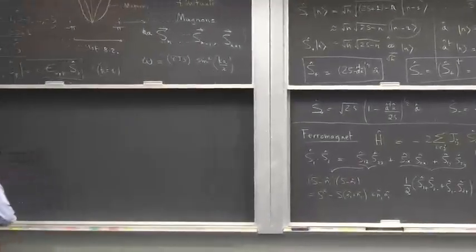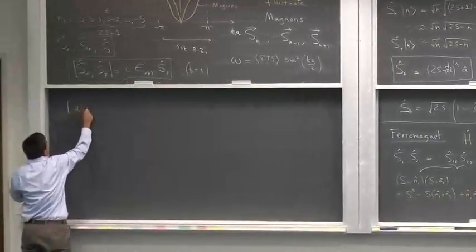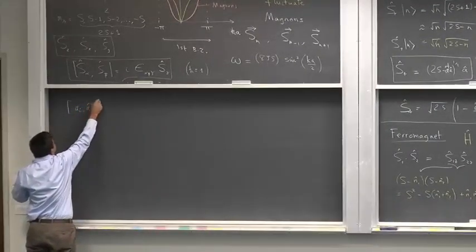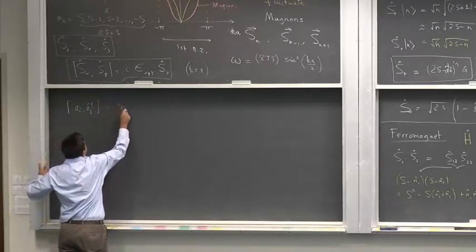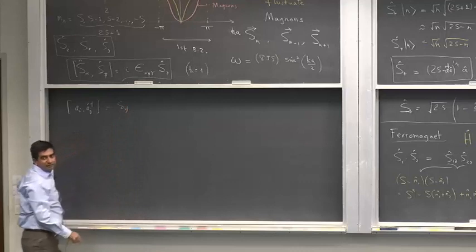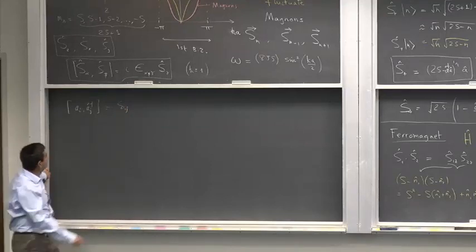I know that the commutator between a_i and a_j dagger is the Kronecker delta ij, right? This is the commutation relationship.